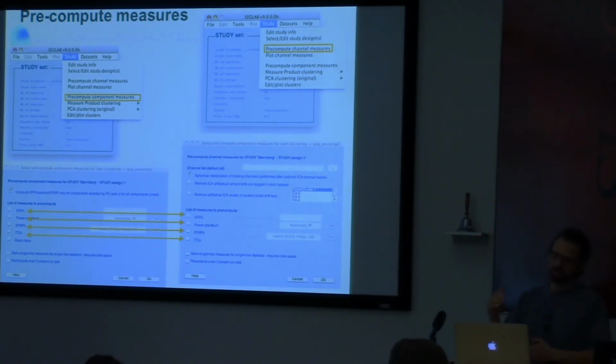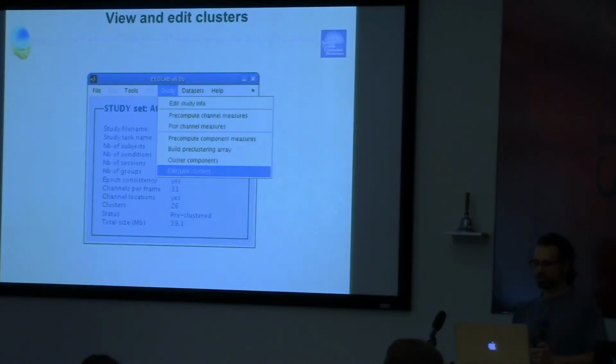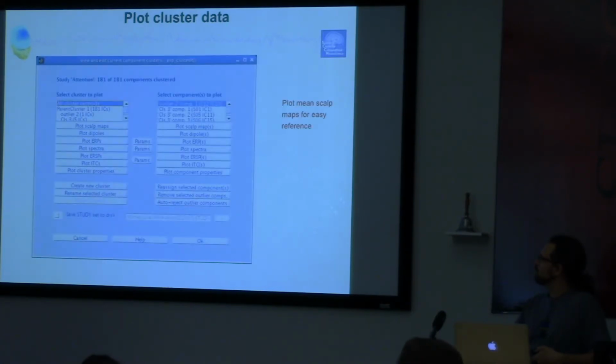So everything we've done with channels, you can do with components, except plotting. Grouping, well, you can group them as well. But then you can edit plot cluster. And now this is a little bit different interface. Now on the left, we have groups of components, and on the right we have individual components.